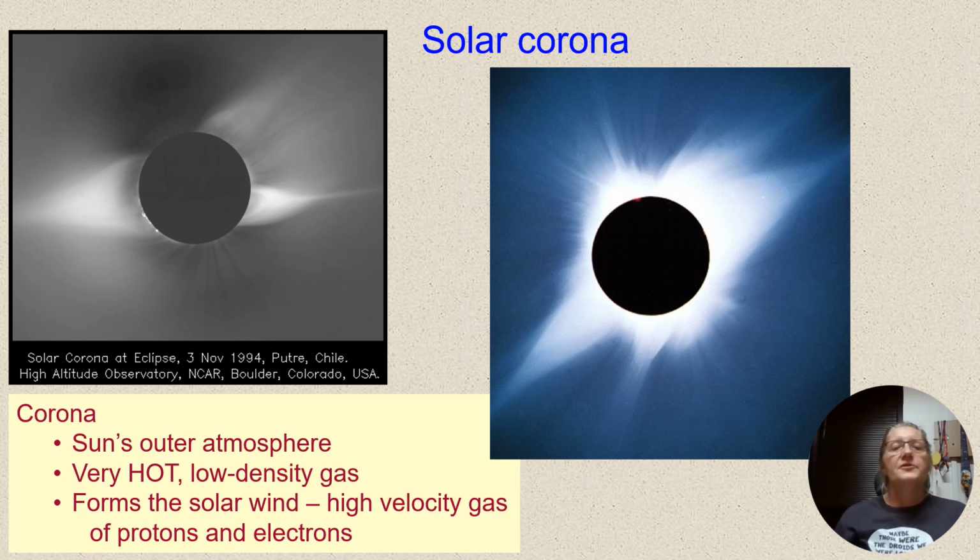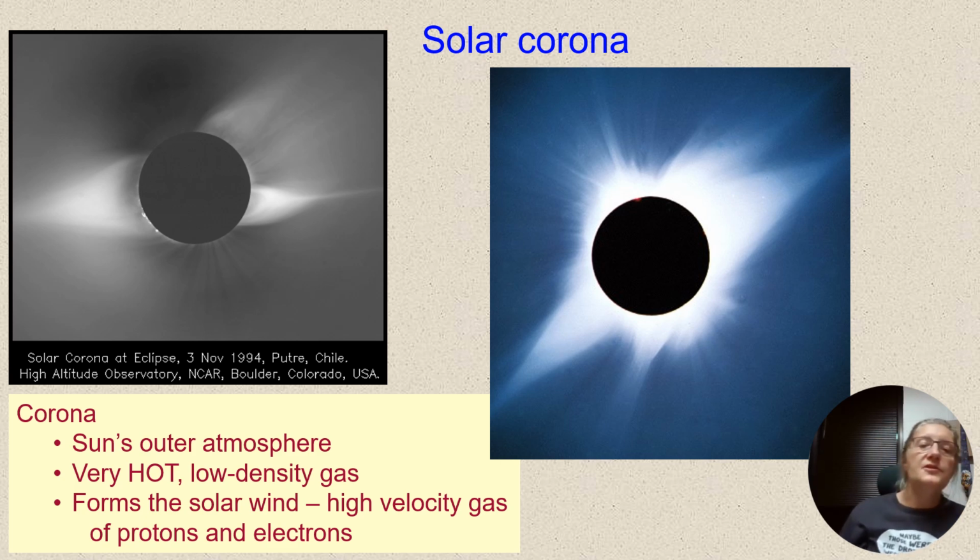A large temperature transition happens between the 4,000 and 8,000 Kelvin chromosphere and the million Kelvin corona, all right? This highly energetic gas is too thin to see under normal circumstances, but we can visualize it when the moon is covering the sun, all right?